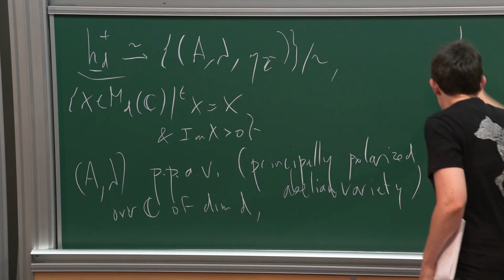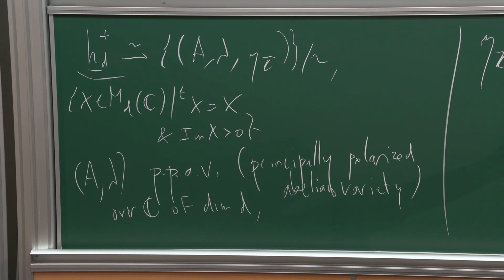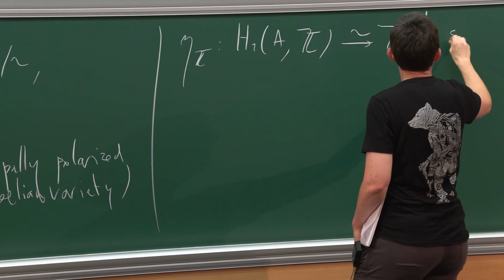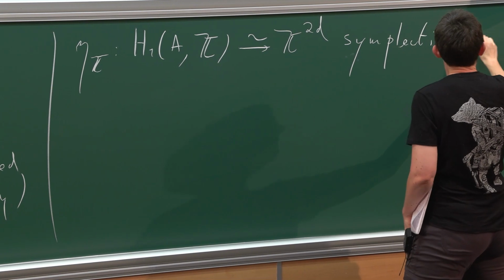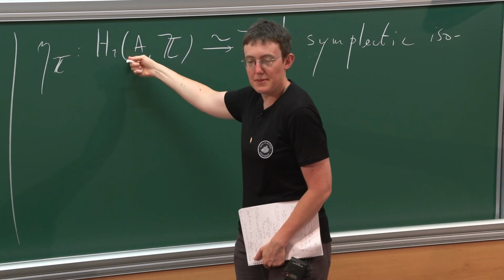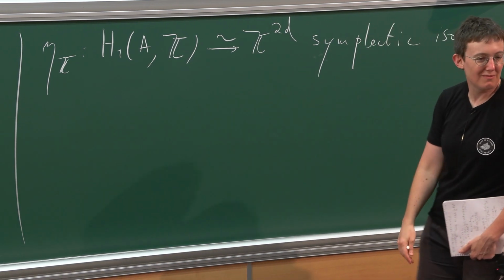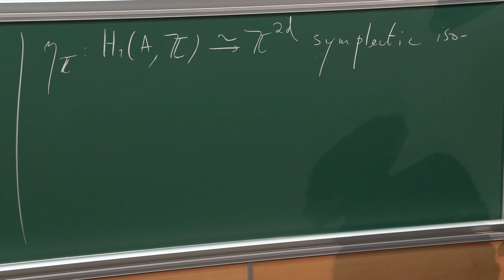And then the eta is kind of an infinite level structure in a way. It's an isomorphism between H1 of A and Z to the 2d that is symplectic. If you remember, this has a symplectic form coming from a polarization, and I just put the standard 0, identity, minus identity, 0 symplectic form on it.